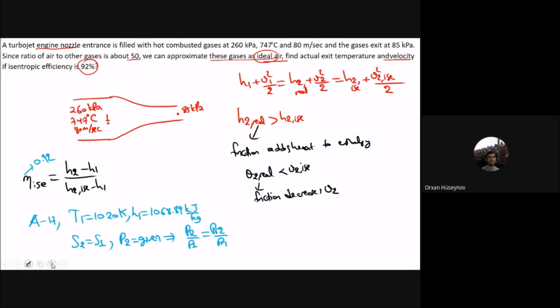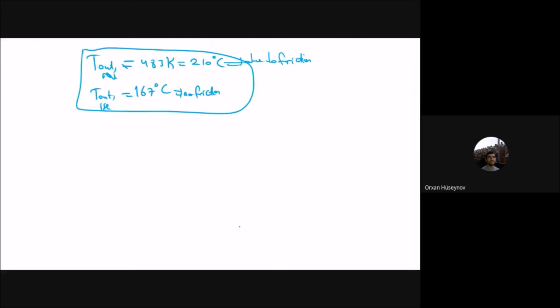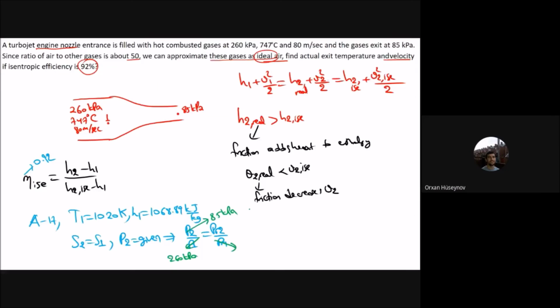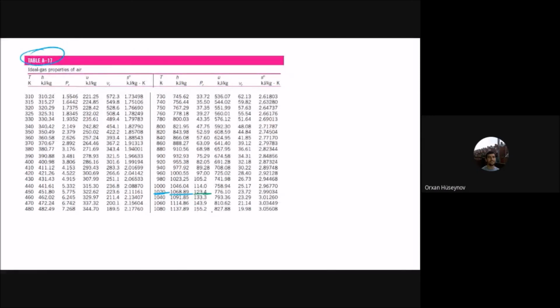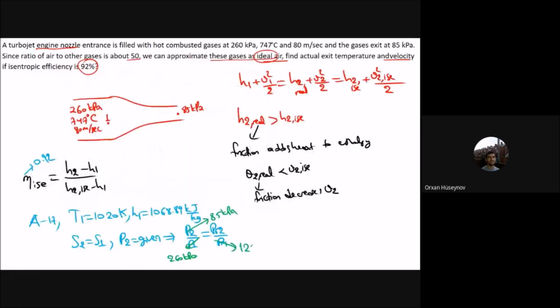P2 is given as 85 kilopascal, and P1 is given as 260 kilopascal, and PR1 is again from the table. You can see the column for PR1, which is 123.4, and from here you can calculate the PR2 value.